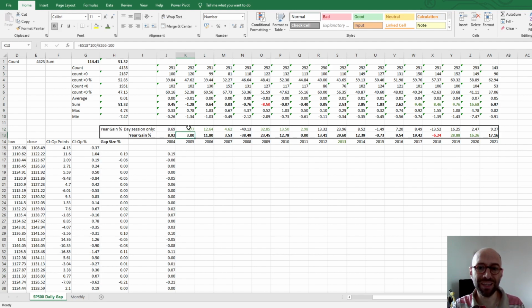In general, the year gain, considering the entire overnight and the day session, is very approximate to the gain just considering the day session, and it's very similar.